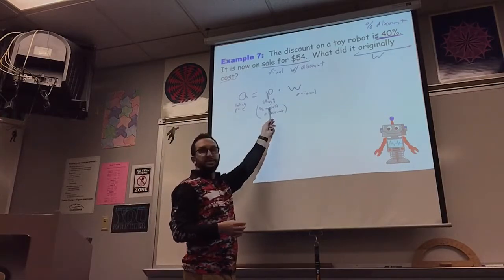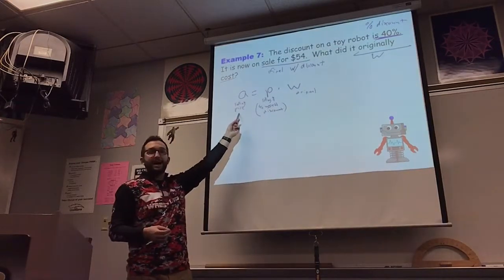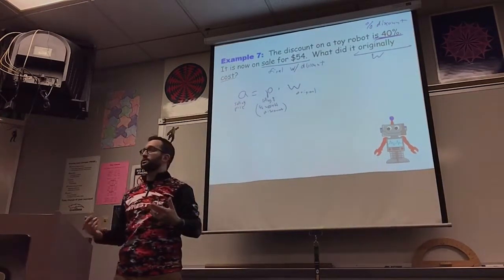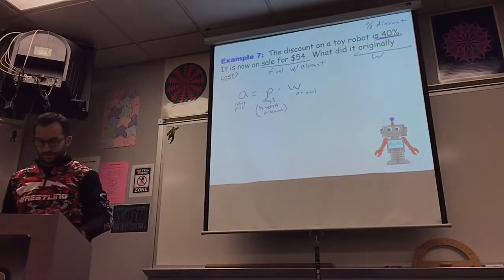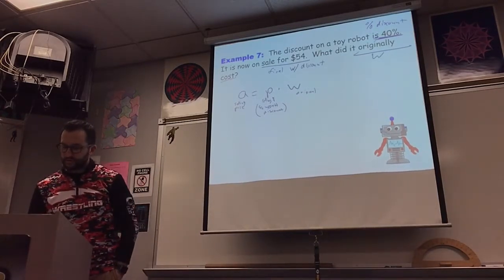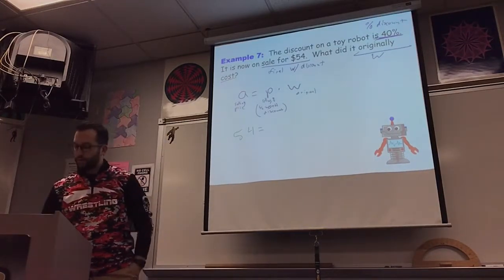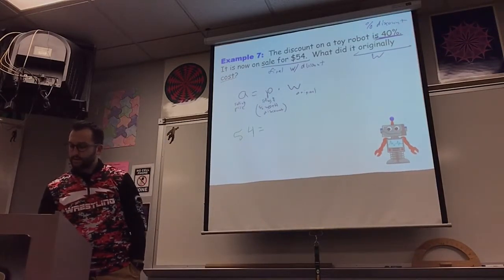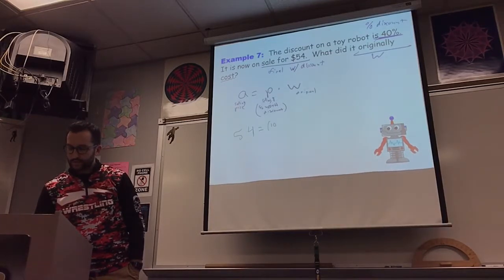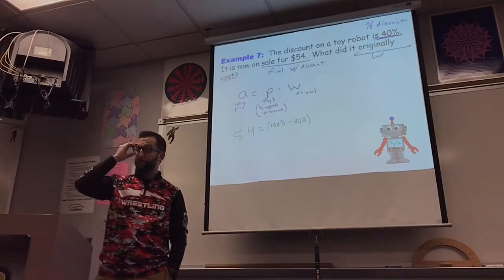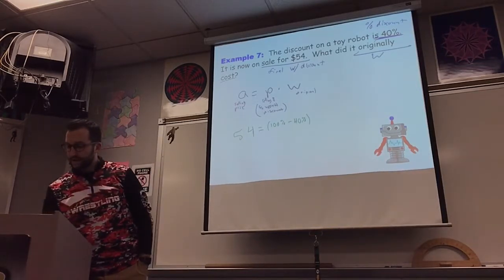You can change the percent. We can't change this. We don't know how to change it. How can we change this? Well, we can subtract it from 100. So selling price is 54. The selling percent, what's the actual percent we paid? Exactly, 100% minus 40%. Why minus? Yep, discount.